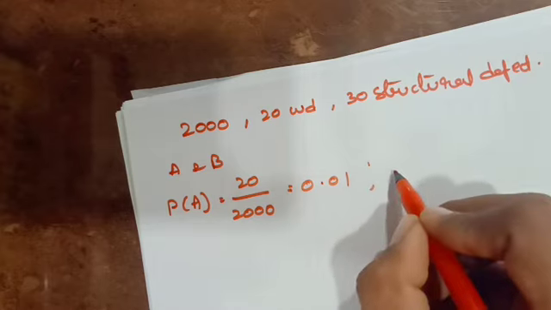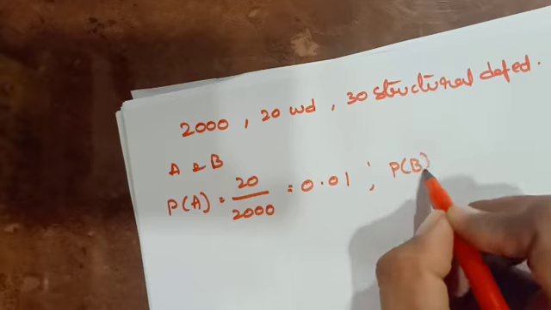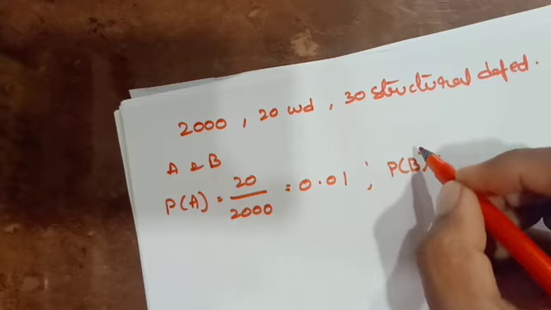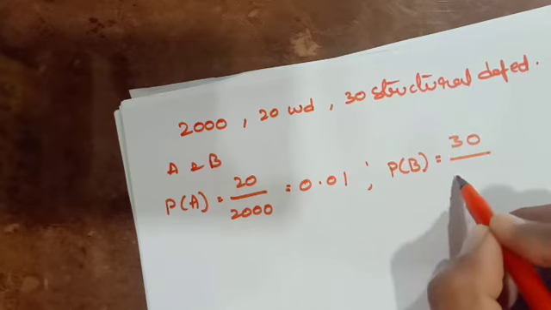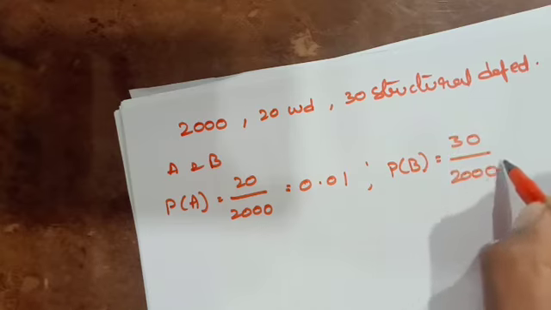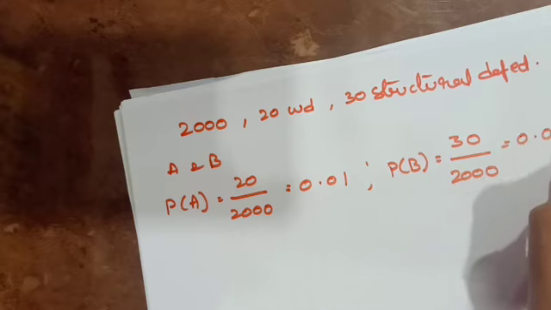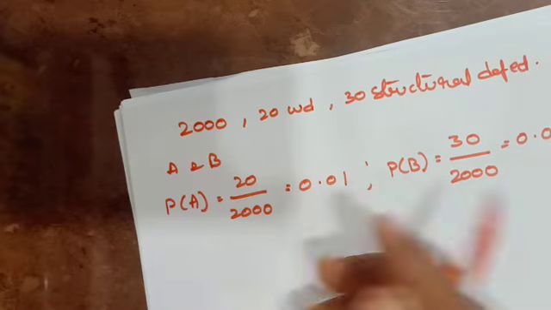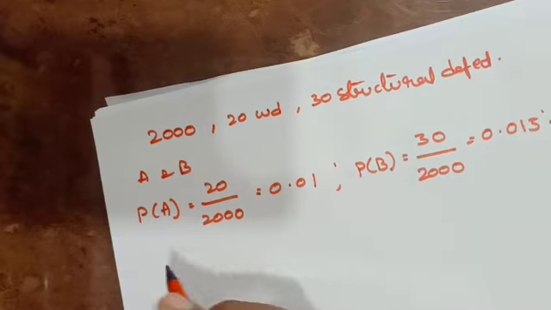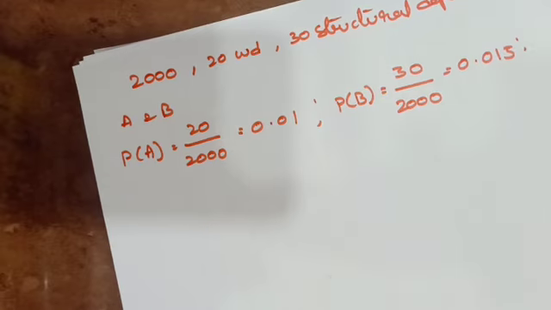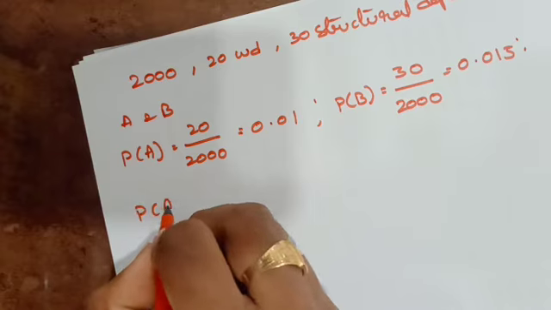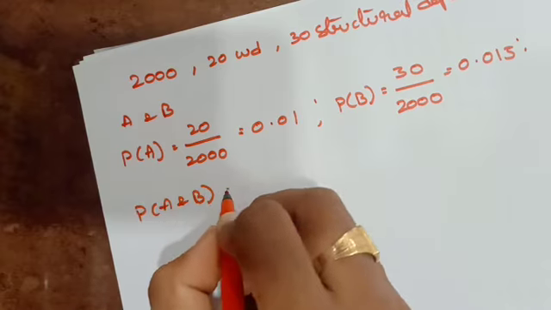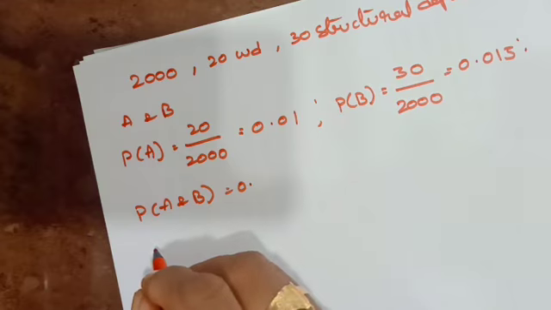P(B), the structural defect, is 30 by 2000, which is 0.015. P(A and B) is considered as 0.